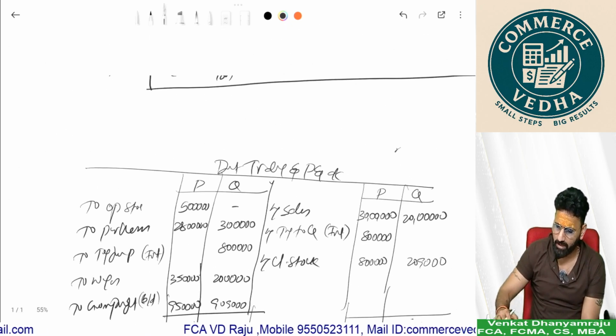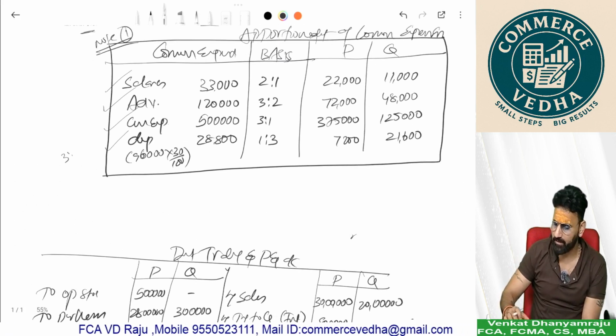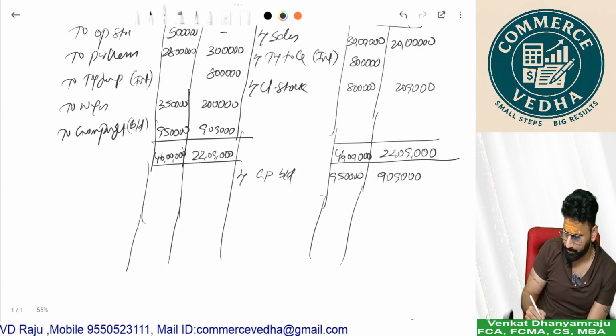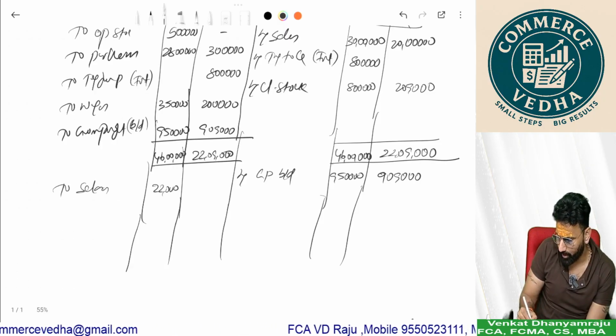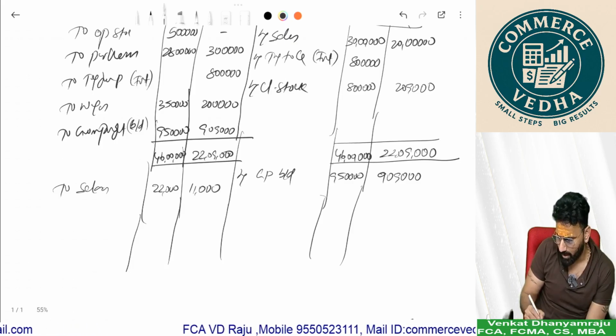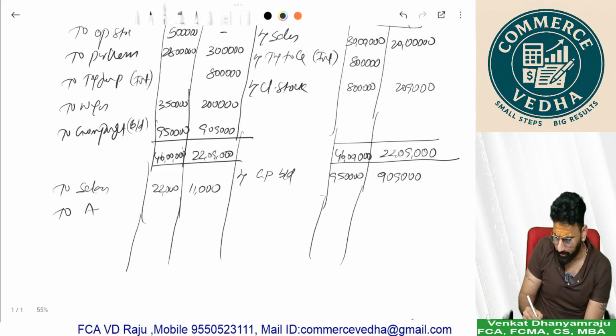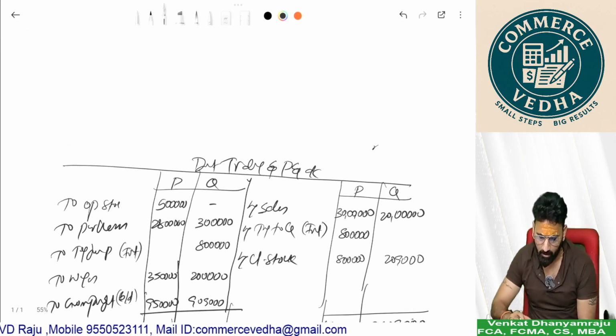Now we already did the allocation here. Salaries 22,000 and 11,000. We did advertisement as well.